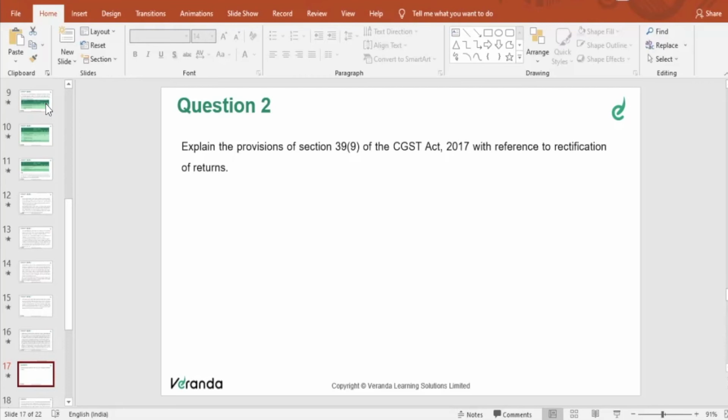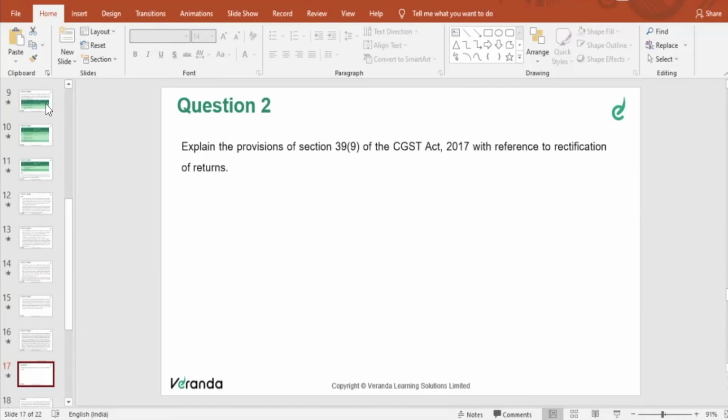At that point of time, you cannot say, no, I'll make the changes and then pay. That is not allowed at all. If the mistake is found out on account of any audit, scrutiny, or enforcement, at that point of time you cannot make any rectification. You just have to pay it.